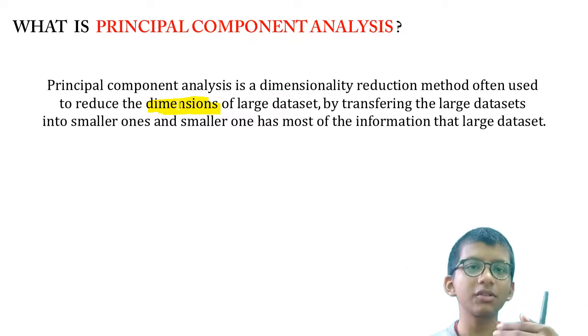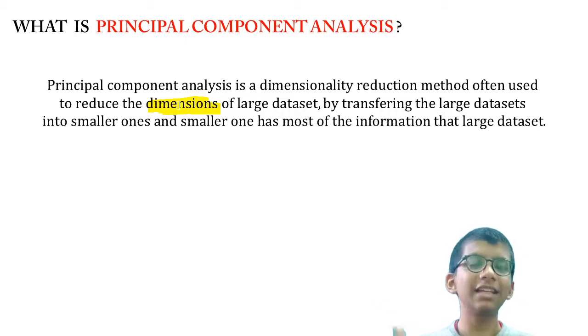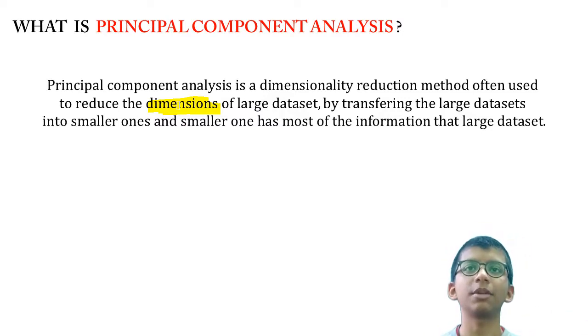It reduces the number of variables or features, and it transfers the information of the whole large data set to a smaller data set without losing any kind of information. So let's look at this in more detail.